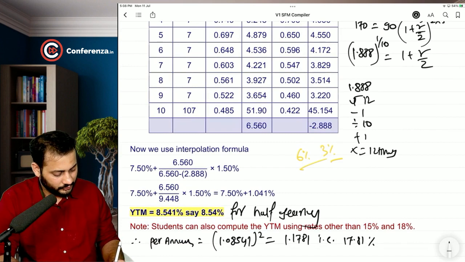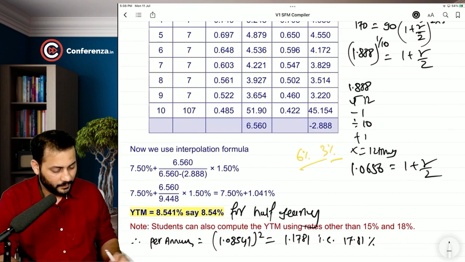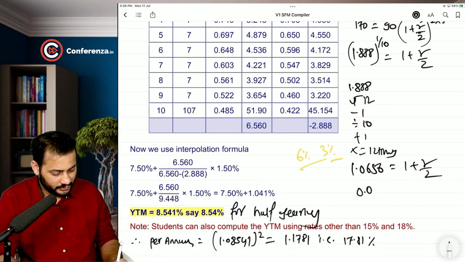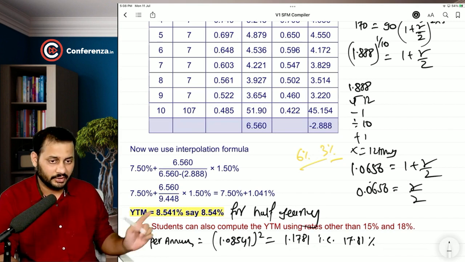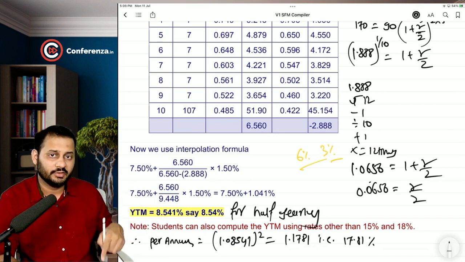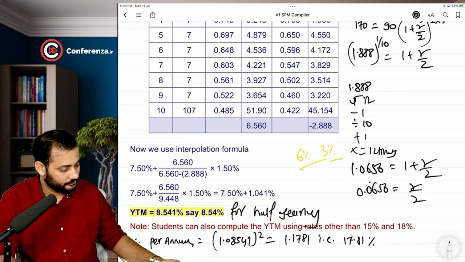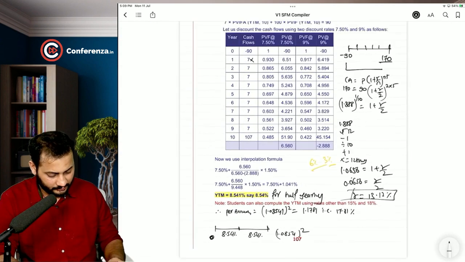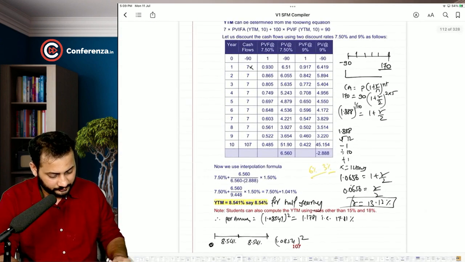The answer comes to 1.0656 is equal to 1 plus r by 2. If you take 1 on this side, it will be deducted, so the answer will be 0.0656 is equal to r by 2, and the 2 when it comes to this side will get multiplied. The answer will be 13.12%.